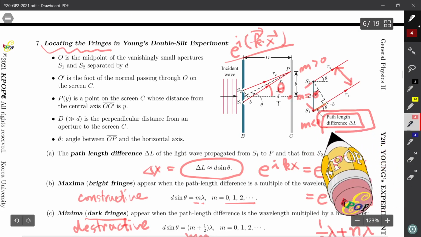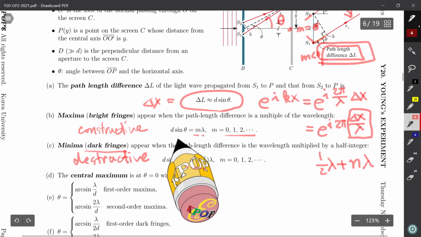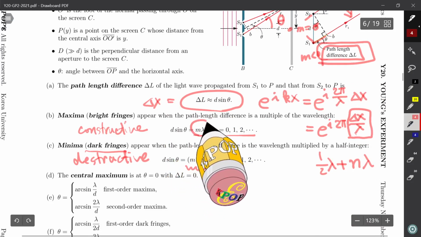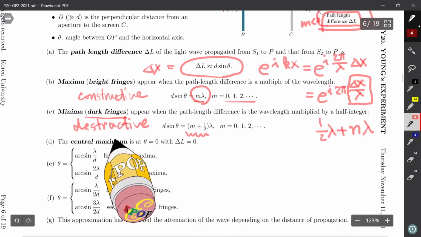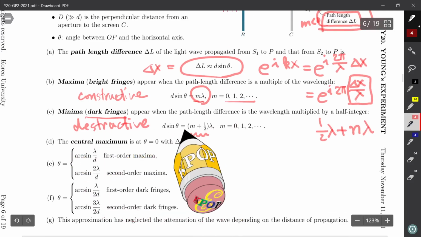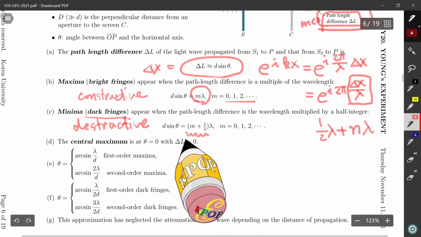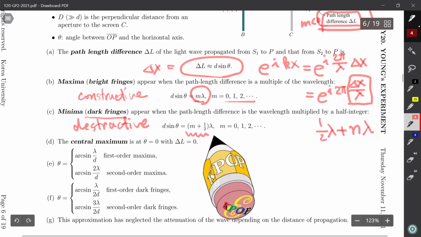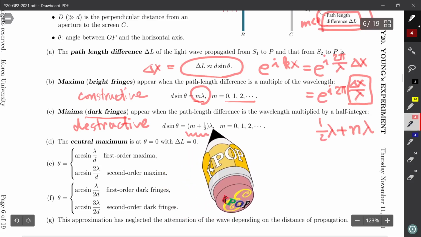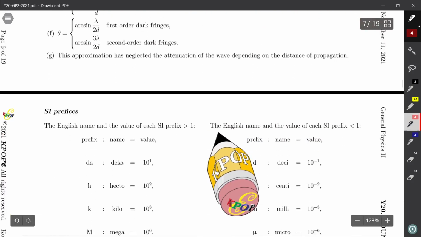This path length difference should be a multiple of the wavelength for the maxima, and destructive interference appears when we have the path length difference, d sine theta, equal to a wavelength multiplied by a half integer.